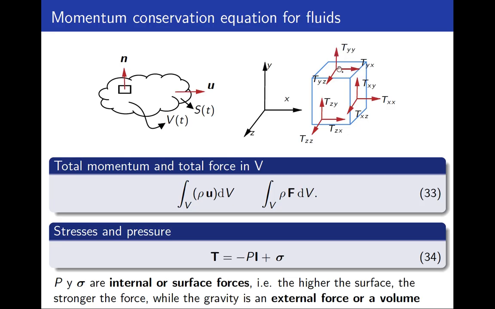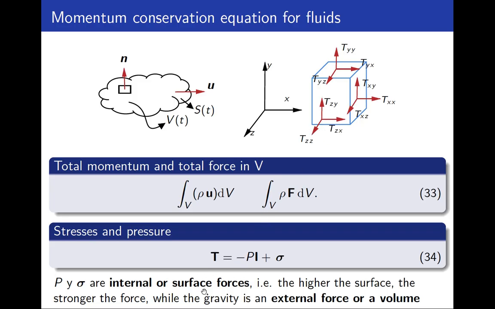Here the force is being applied in this direction, so we have tyx. And similarly, the force is being applied in the z direction, but the normal is pointing out in the y direction, so we have the stress tyz. You can do a similar analysis here, and you will notice that this figure makes sense.